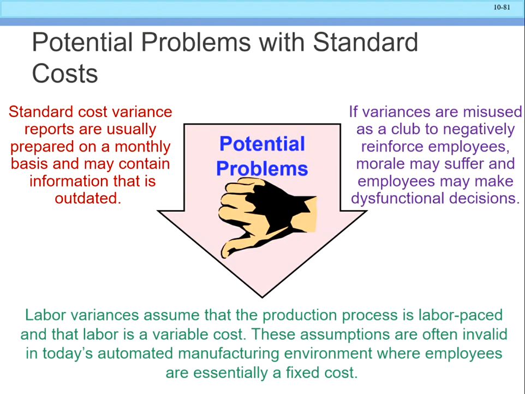So those are the downsides of preparing standard costs. I've also given you a similar question in the homework for you to look at how standard costing affects TQM or the automated manufacturing environment.